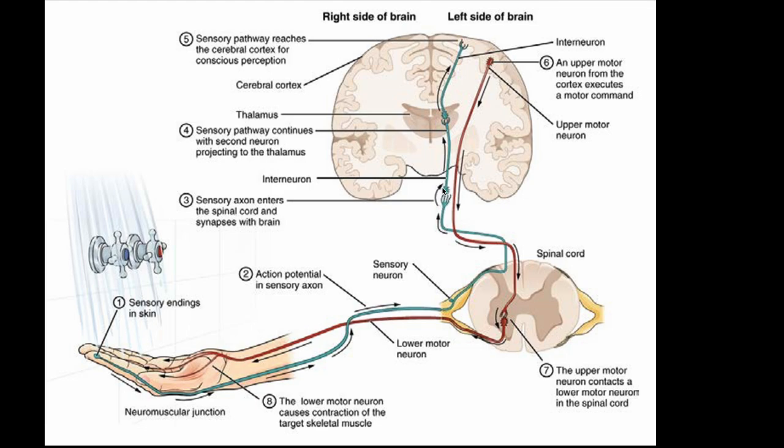That'll stimulate action potentials in this interneuron. This interneuron will then send action potentials to the next neuron, which is located in this basal nucleus called the thalamus, which we will define better in just a second. And then this interneuron from the thalamus is going to relay that sensory information to the cerebral cortex right here. So that completes the afferent sensory portion of this pathway.